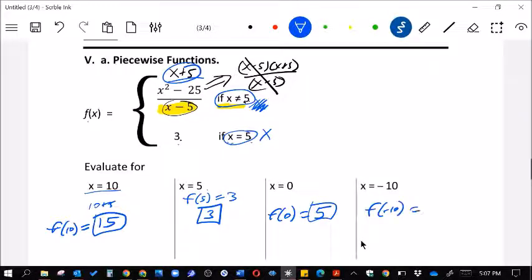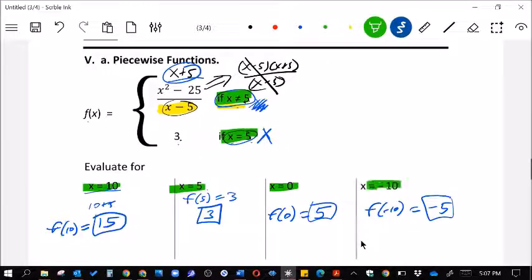This doesn't fit for negative 10, but this one is. Negative 10 is not 5. So I can do negative 10 plus 5, which is negative 5. Okay, so you just have to simply pay attention to the domain, which one of the categories you're supposed to be in based on the number that you're doing.